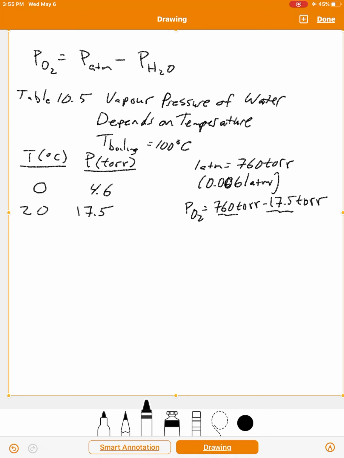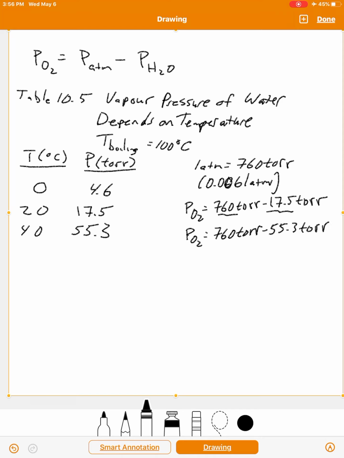Now suppose you jump it all the way up to, let's say we're near metabolic temperature, 40 degrees C. Well, now the vapor pressure jumps all the way up to 55.3 torr. So if we were collecting this at hot water, it's close to 100 degrees Fahrenheit, the pressure of the oxygen would now be 760 torr minus 55.3 torr.